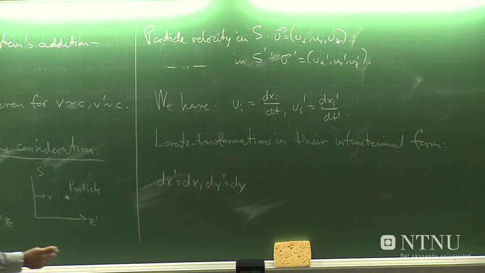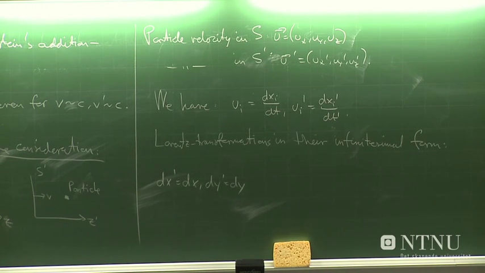First of all, we know that since the relative motion is along the z-axis, the transformation for the x and y coordinates is invariant.